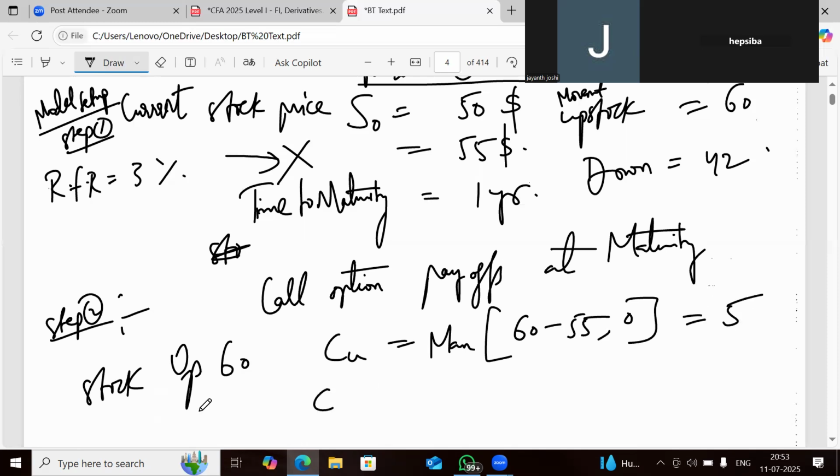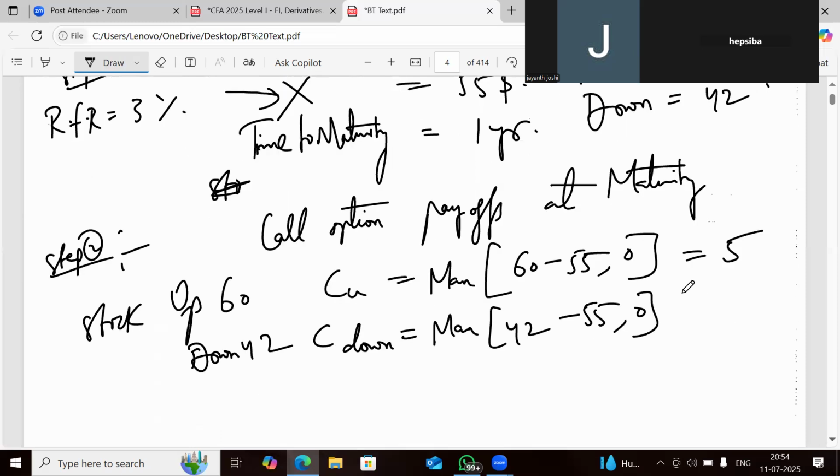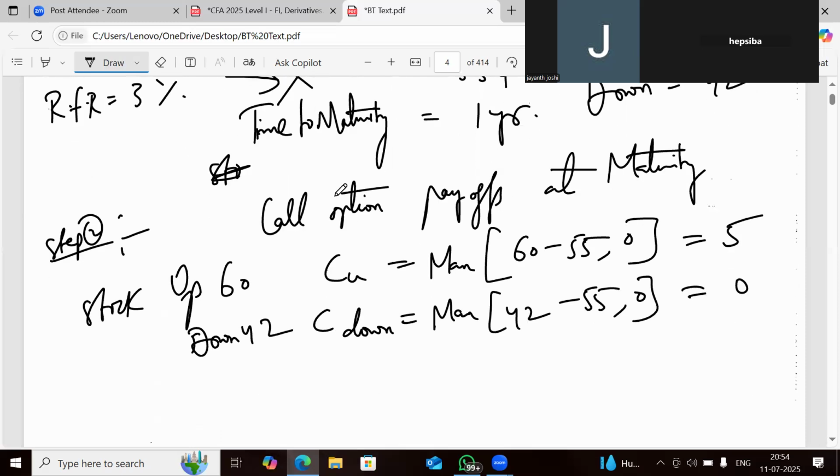When the stock goes down to 42, the call option value is the maximum of 42 minus strike, comma 0, and here it will be 0. So these are the call option payoffs in step 2.